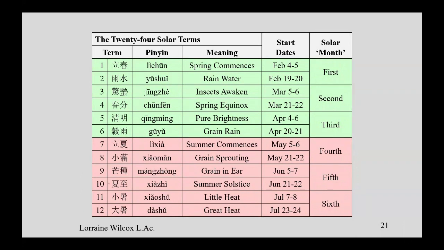So you had to figure out what month you were born in, in this kind of solar month, just like the West has solar months. So, for example, I was born sometime in June. So I was born in the 5th month, according to Bazi, or 8 characters, which would give me the Wu branch for my month pillar.